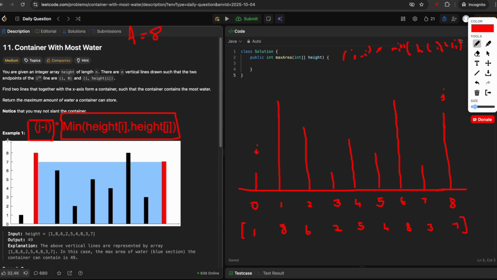Now the width is given the most priority, and we got the area as 8. So now let's try to give height some priority. We'll first see which is the smallest, height of i or height of j. We can see that height of i is the smallest, so we will move i forward. We'll do i plus plus. So that means the width will be decreased by 1, but this will give us a better height.